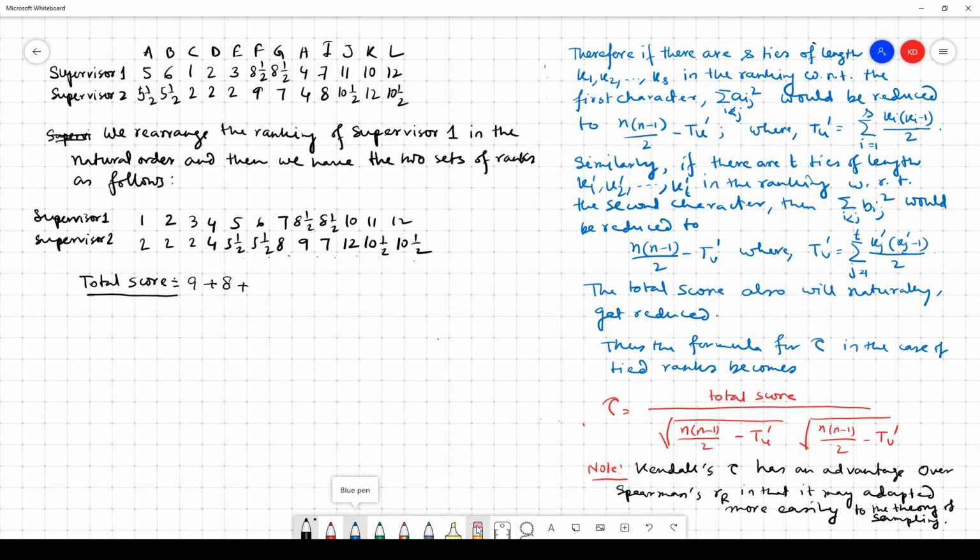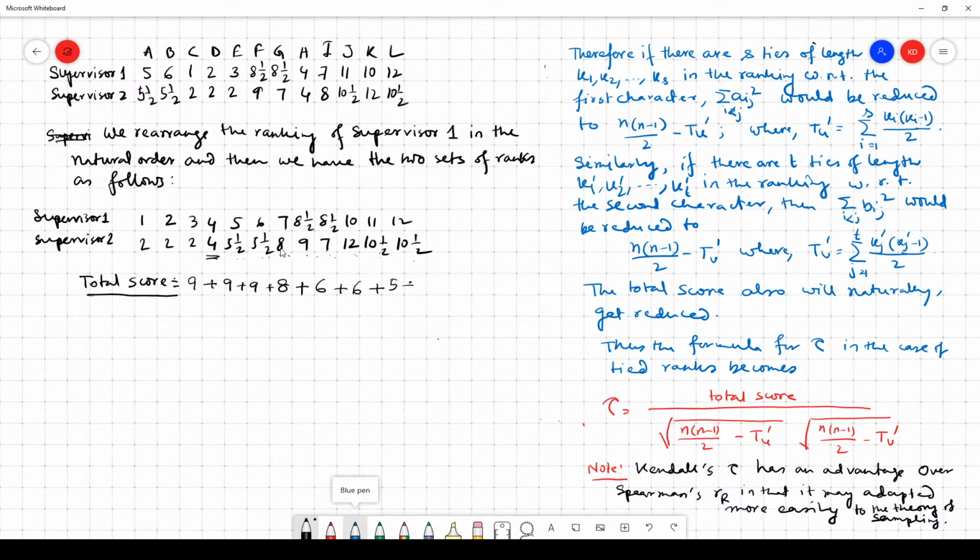Sorry, there is a mistake. Please consider all 2's. So the 9, then again this is 9 plus 9. Now look at 4, then it is 8. If you look at 5.5, then 1 plus 2 plus 3 plus 4 plus 5 plus 6. Similarly, 5.5, this is 6.